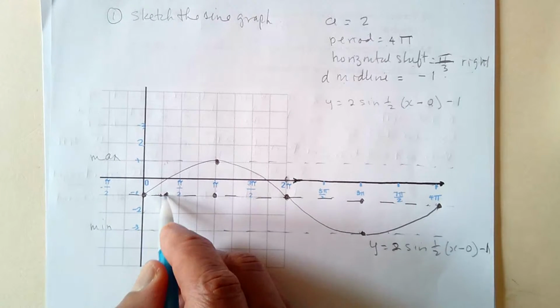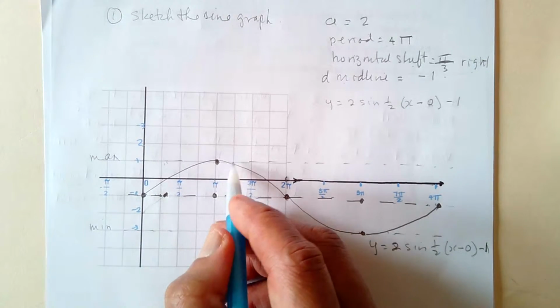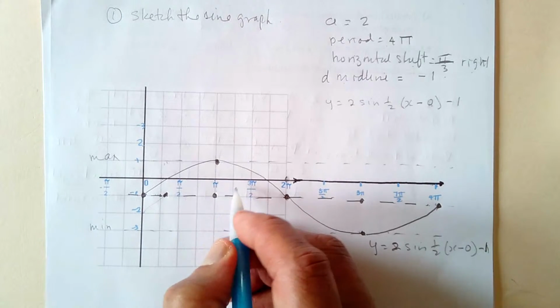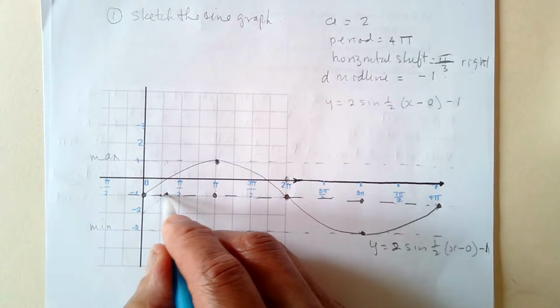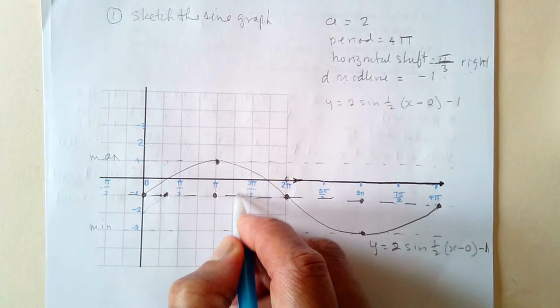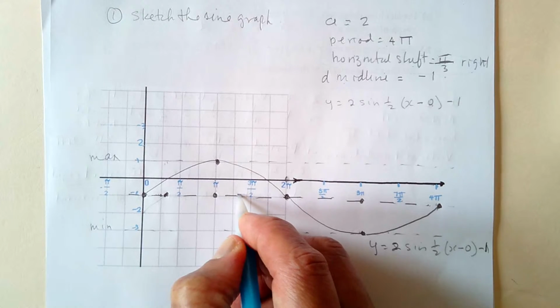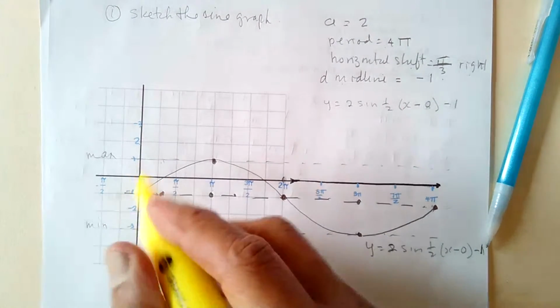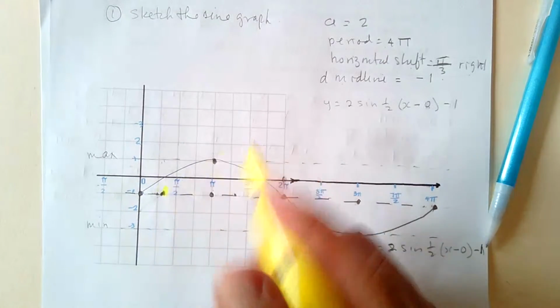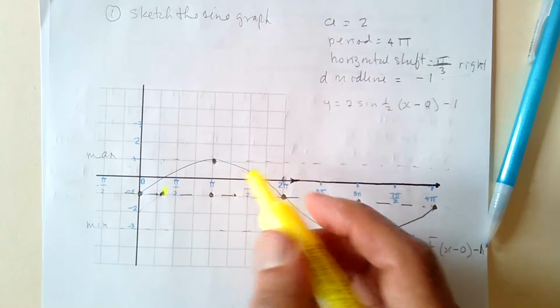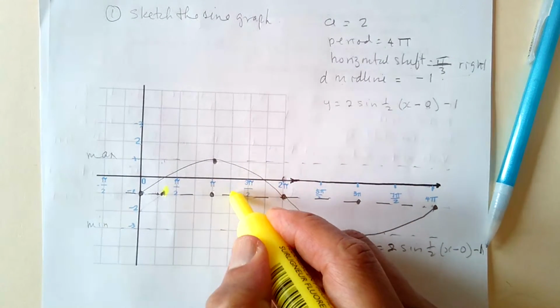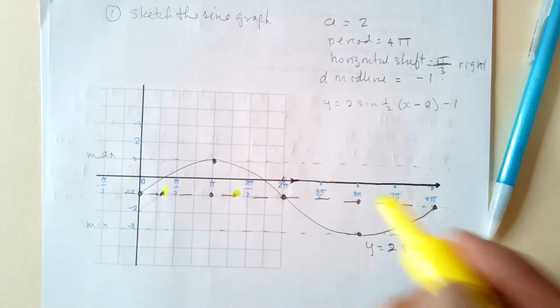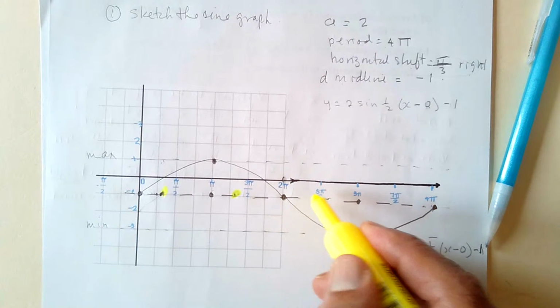So if we come down here, we'll find that. Then the next one is pi over 3, so notice it's to the right here. So the next one will be here. So I'll use maybe yellow here. So this is my point here. This is my next point. So it's shifting to the right, pi over 3 units.